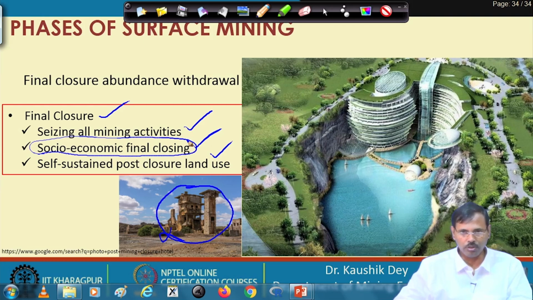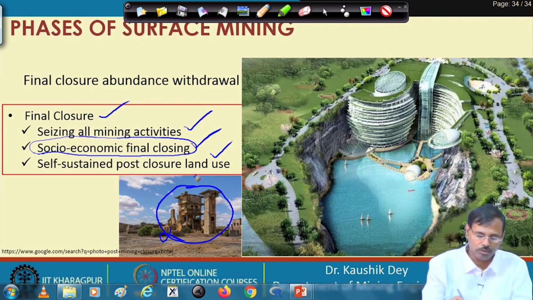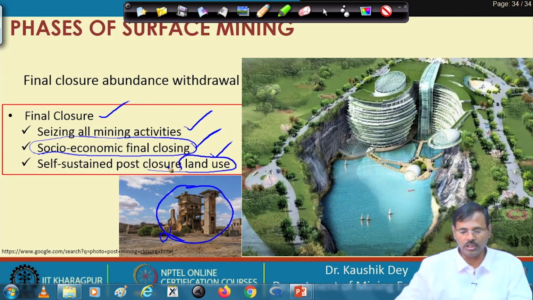That much economic and social growth has to be maintained in the post mining also, and that is why the post mining land should be used in a positive way, in some sustainable growth way, so that after the mining also the similar lifestyle can be maintained. And that is why self sustained post closure land use is also very important for sustainability of the whole thing.